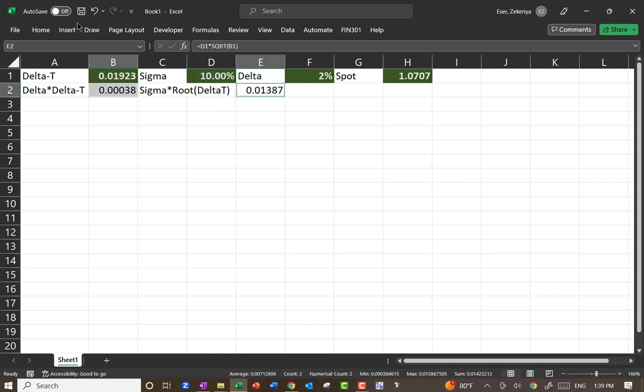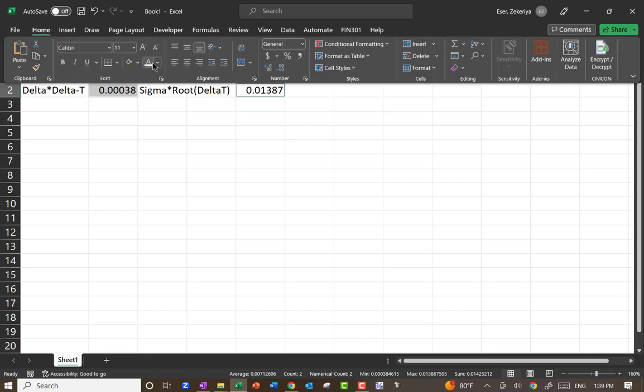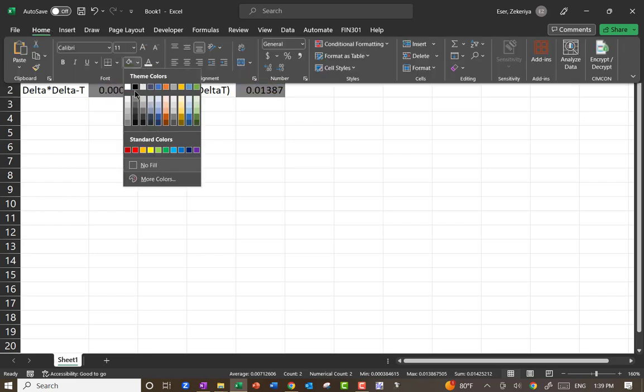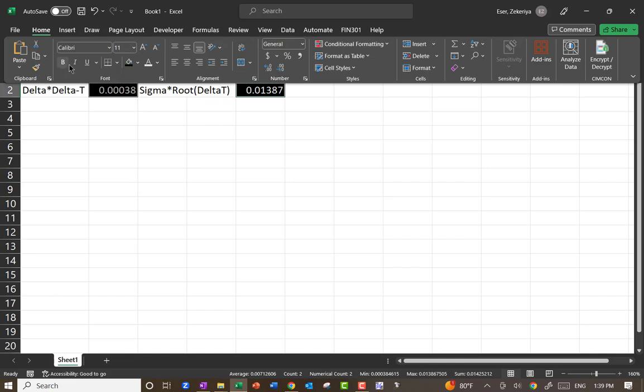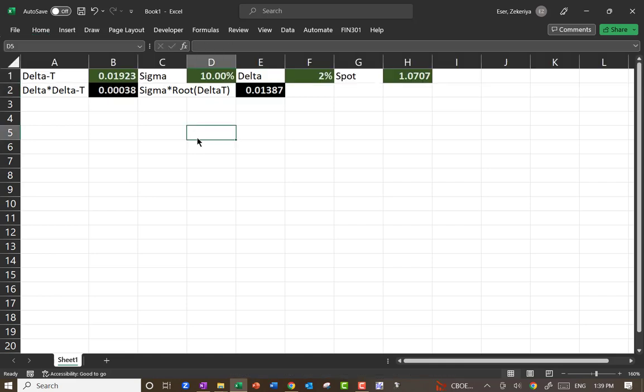These are intermediate inputs. Let me make them black and white. Actually, let's leave it like that.